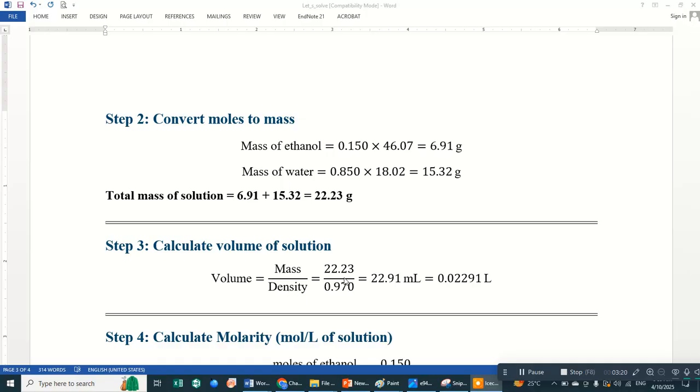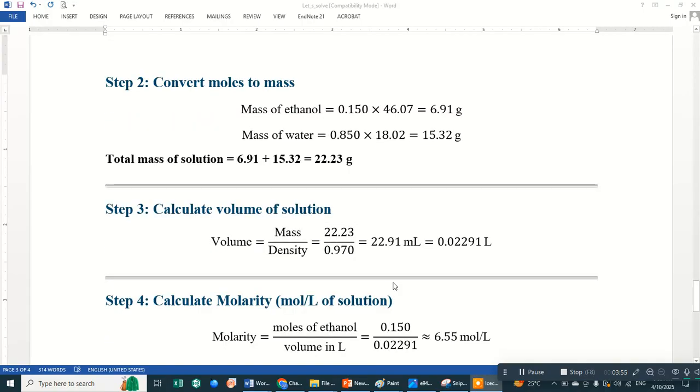The mass of the total solution is 22.23 gram, and the density of the solution of ethanol is 0.970 gram per ml. Then the volume is 22.91 ml. We can change this ml into liter by dividing by 1000. Okay, we have calculated the volume of the solution.